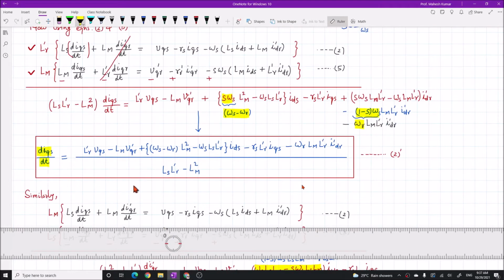Verify your calculation with the equation given here. Let us call it 2nd dash. Here the denominator is LS LR' minus LM².